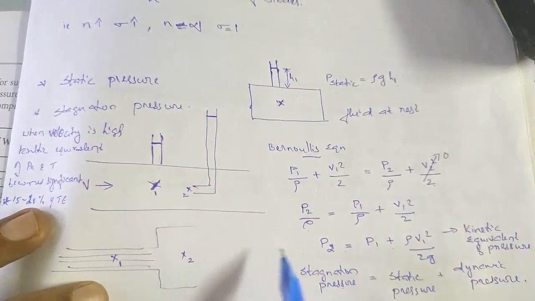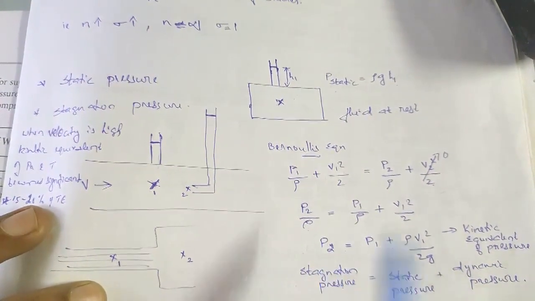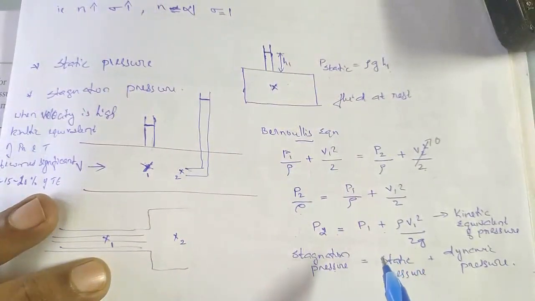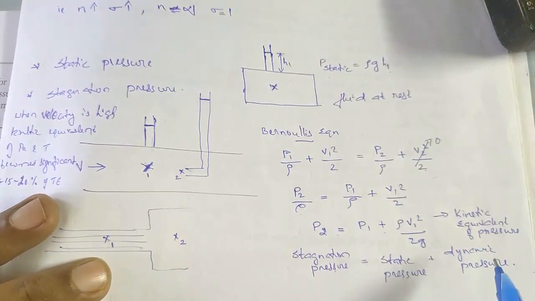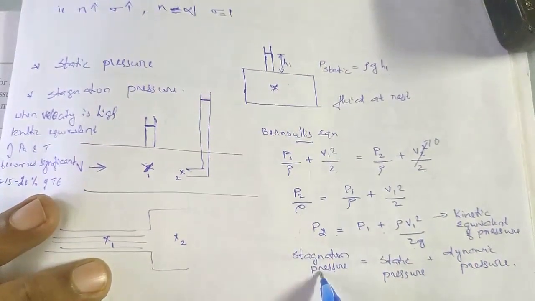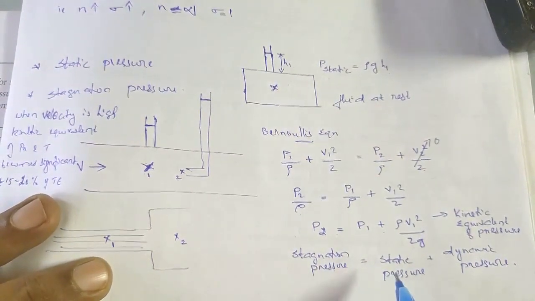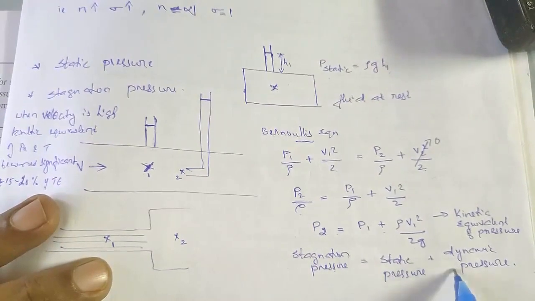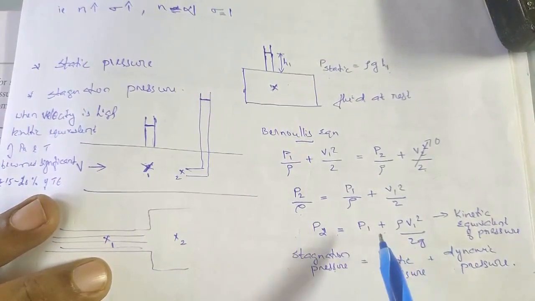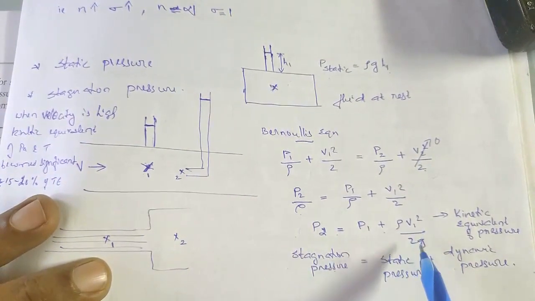So stagnation pressure P2 for the fluid is equal to the static pressure experienced by the fluid plus the dynamic pressure. Stagnation pressure is also known as total pressure. So total pressure is equal to static pressure plus dynamic pressure, that is, P1 plus rho V1 square by 2g.